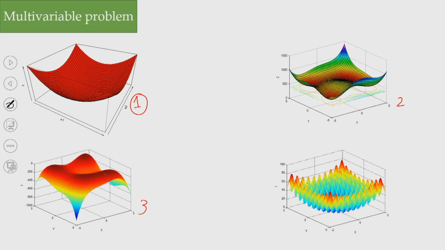Certainly if you apply it on the fourth function, it will be quite difficult to solve this problem using this algorithm. So, let us assume that our function is of the first kind, the convex function, with only one optimal solution, and let us discuss the algorithms.